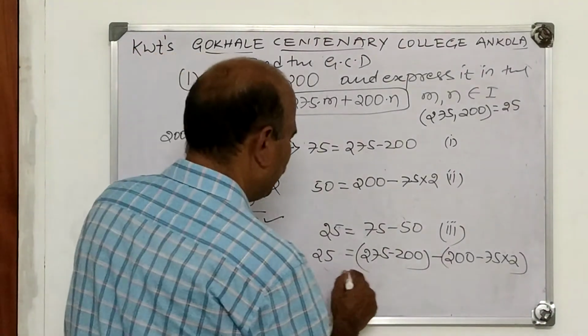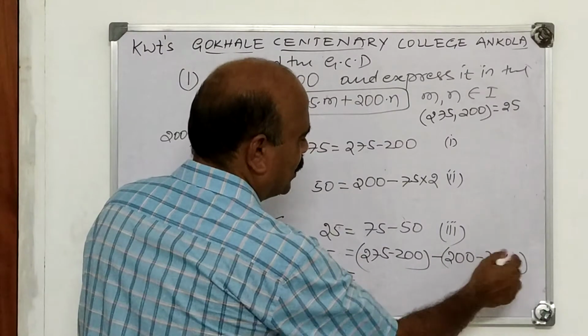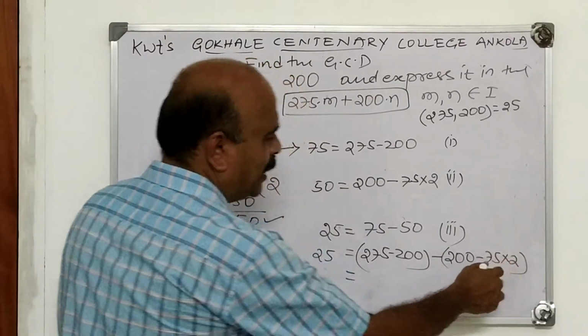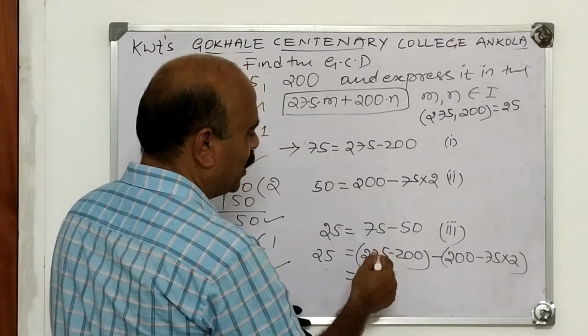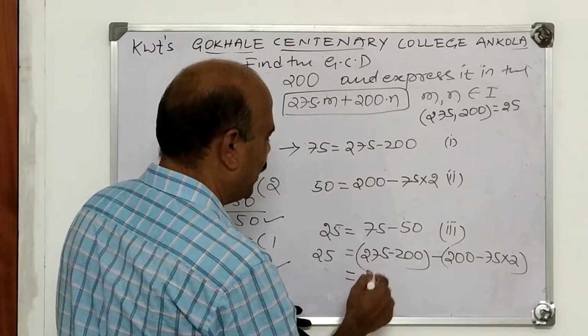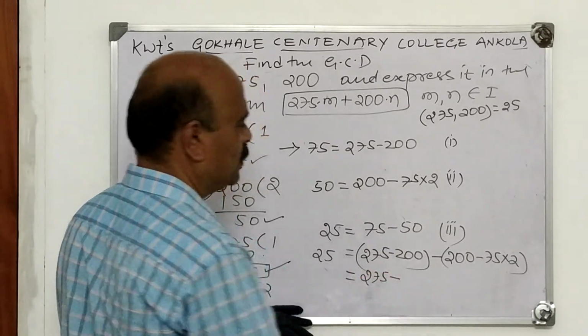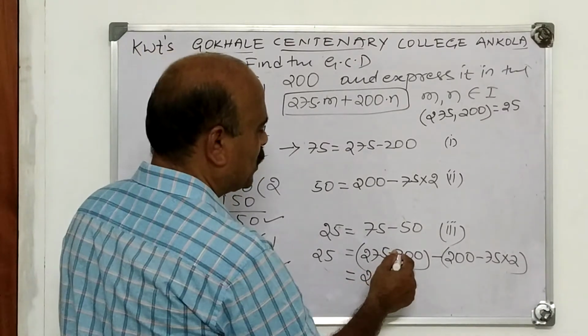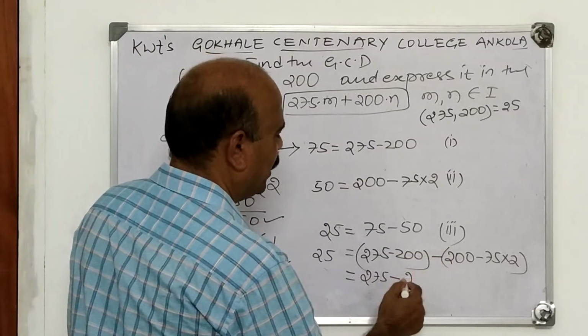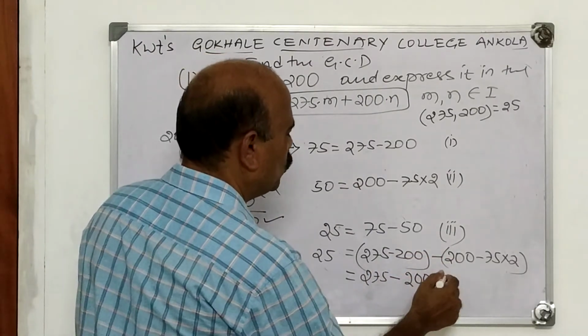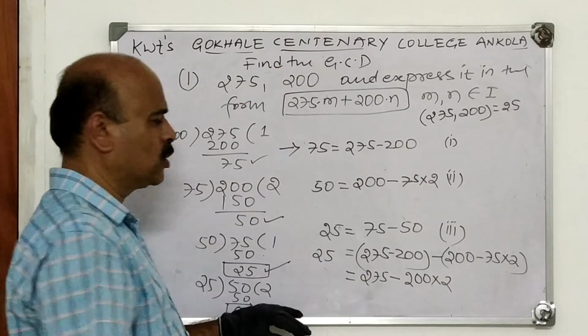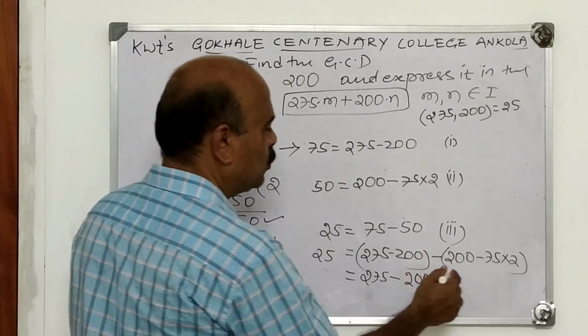Next thing is, you should not multiply this 75 into 2, you should not write 150 here. You have to keep this as it is: 275 minus 200, minus 200 into 2. Both are minus signs here, into 2.